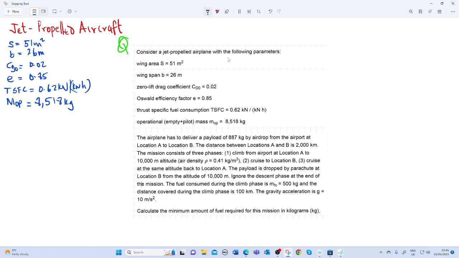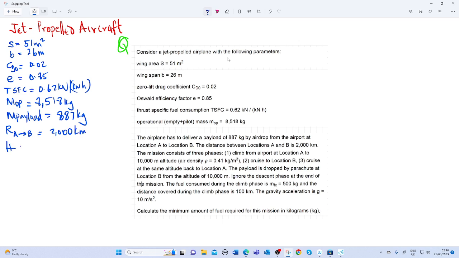We have the mass of the payload, 887 kilograms. We have the distance from A to B, 2,000 kilometers.